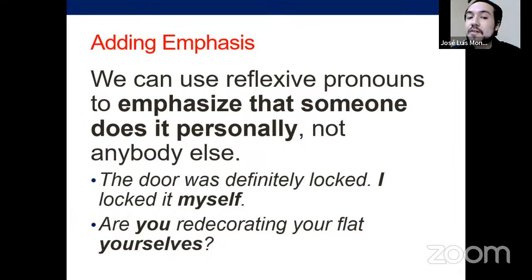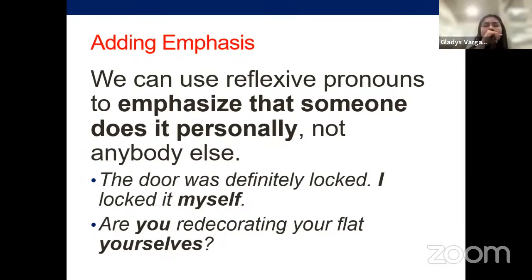For example, number one, if I ask you, did you lock yourself or did you lock the door? You locked the door, right? In the second one, are you redecorating yourself or are you redecorating your flat or your apartment? Your flat, right?